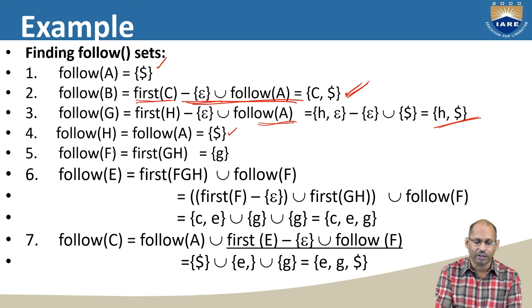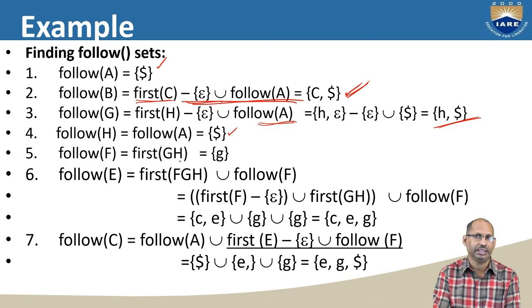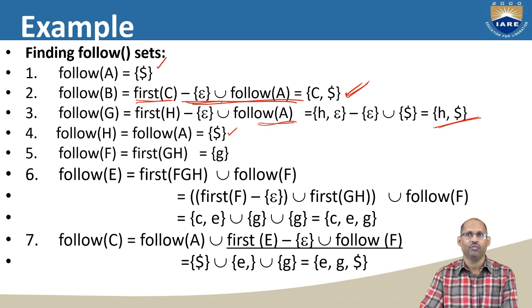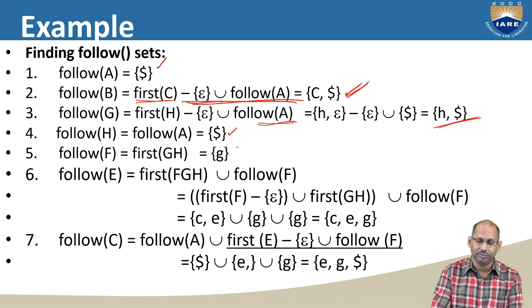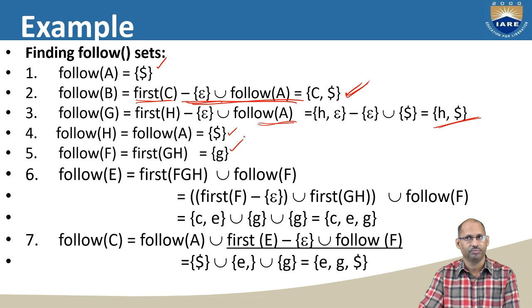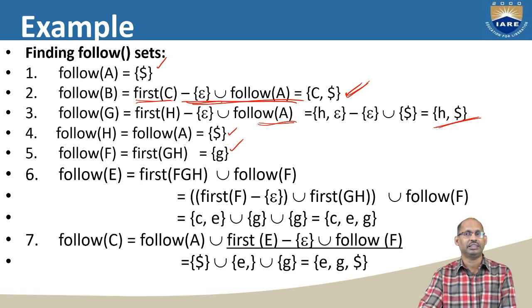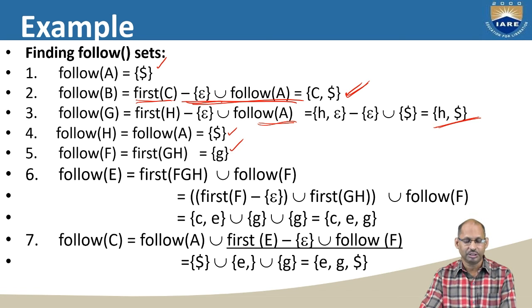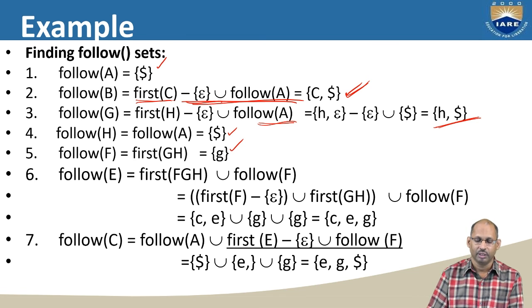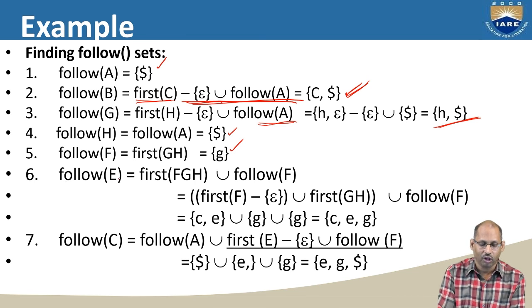Follow of F is first of GH. In that, the first symbol is G, so G is considered. First of G is terminal only, G only. If G has epsilon, then we consider H, but G doesn't have any epsilon, so simply follow of F is G only.